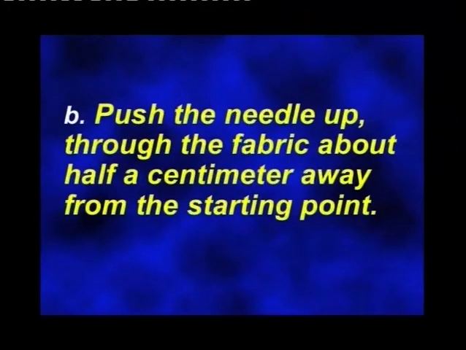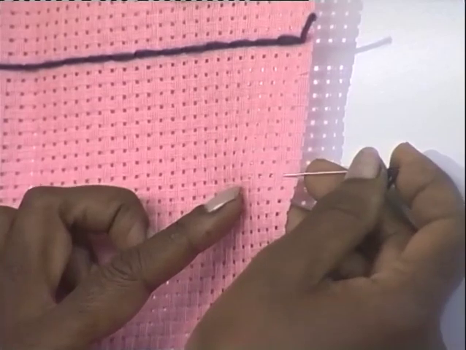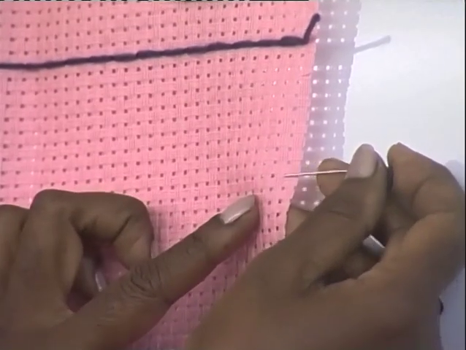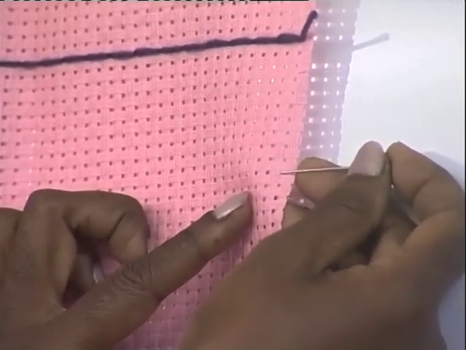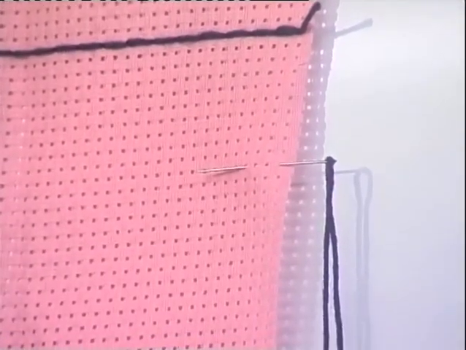B. Now what does B say? Push the needle up through the fabric about a centimeter away from the starting point. So let's see. Okay, I push the needle up.